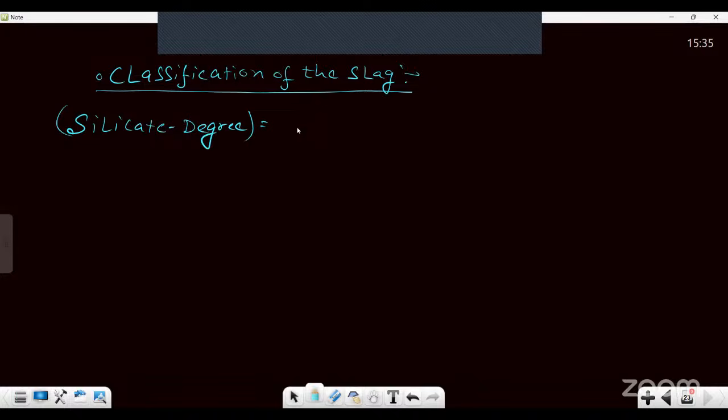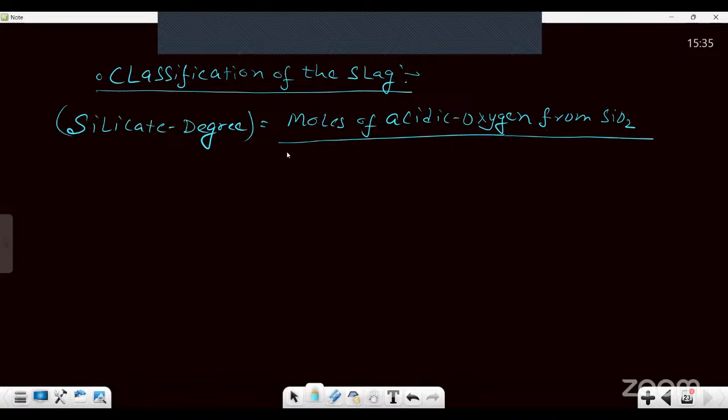Silicate degree is equal to moles of acidic oxygen from SiO2 divided by moles of basic oxygen from the basic oxides like CaO, MgO, and Fe.